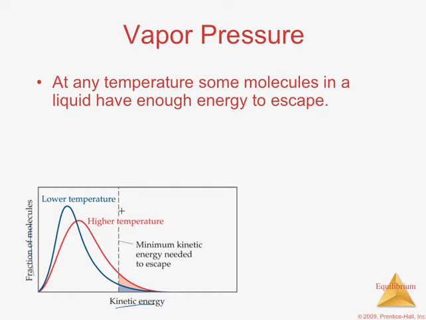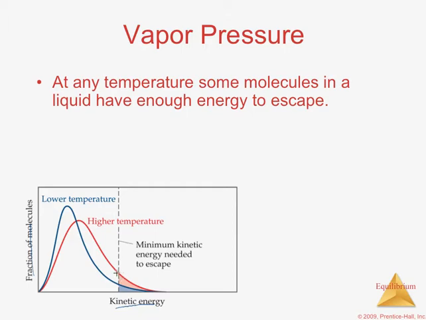Similar to the minimum activation energy, when we're talking about a sample of liquid and a vapor, there is a minimum amount of kinetic energy that is needed for that molecule to escape or to have enough kinetic energy to overcome the intermolecular forces of that liquid.